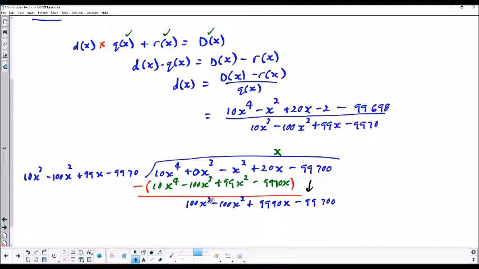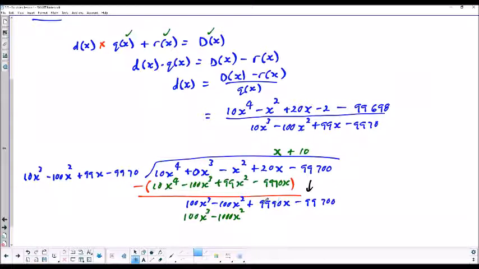And then we try again, and we say, well, what in the world do I multiply 10x cubed by to get 100x cubed? So 10 times what gives me 100? We've got the x cubes already. So I've got 10. And then I multiply. 10 times 10x cubed is 100x cubed. 10 times negative 100 is negative 1,000x squared.